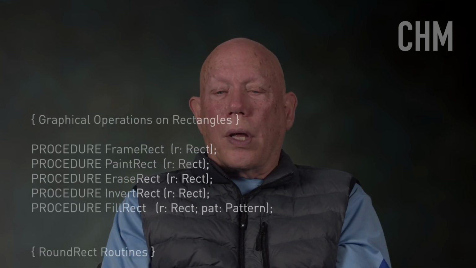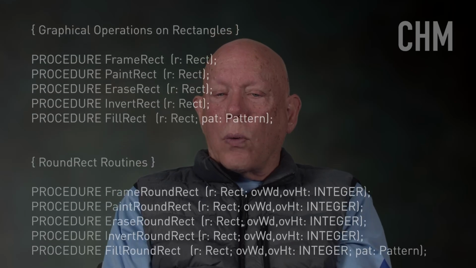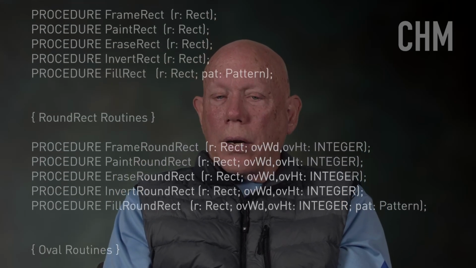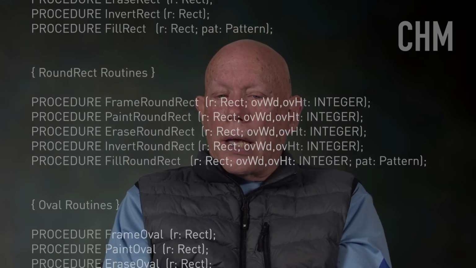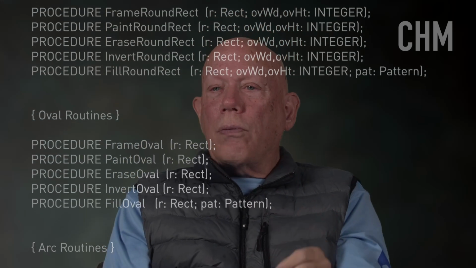Or actually, we had fill patterns. Because we didn't have grayscale and we didn't have colors, we sort of faked it with 8x8 repeating texture patterns. So when you'd say paint that region, it would be painting it with the current pen pattern. So you could break down a lot of the operations into one of the verbs: frame, paint, erase, invert, or fill, and then the noun part, which could be a region, a rectangle, an oval.